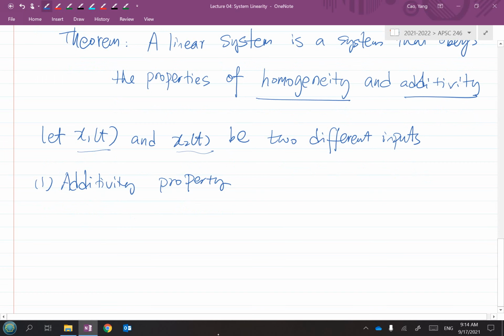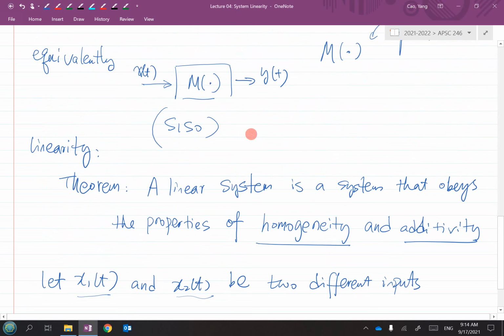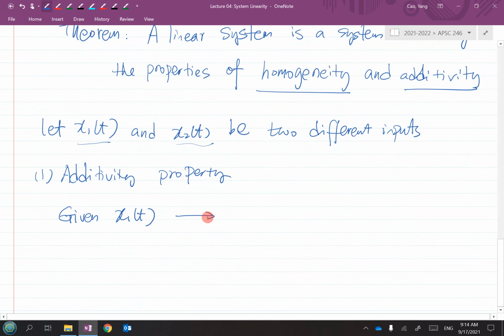Given input x1 of t to the system, obviously you will generate an output. Let's call the output generated by x1 of t, y1 of t. Similarly, you give x2 of t, and they will generate a different output, let's call it y2 of t.